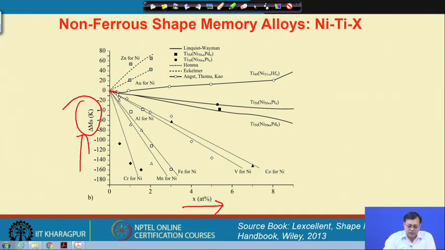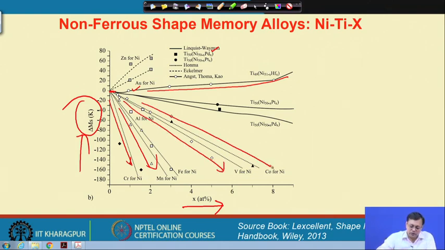If we take an example like gold or palladium, usually when the hafnium concentration increases, the MS temperature goes to the positive side, whereas chromium for nickel or manganese for nickel change the transformation temperature quite a lot, like cobalt, or in the case of palladium, we can change the MS to the negative side to a large extent.